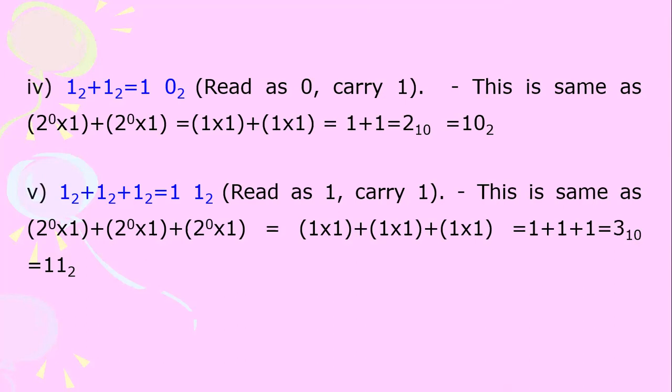If we convert 3 in decimal to its binary equivalent by continuously dividing 3 by 2 using the long division method, you will get 1, 1 in binary. So we read this binary as 1 carry 1.